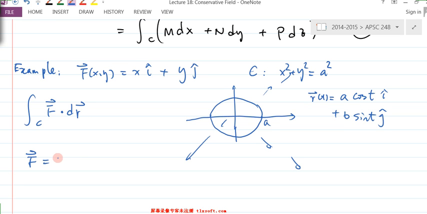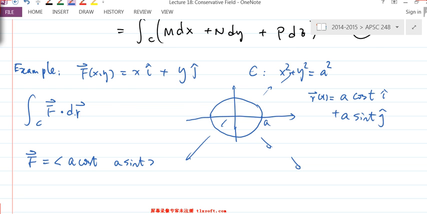So F becomes a cosine t and a sine t, because the x and y are here.